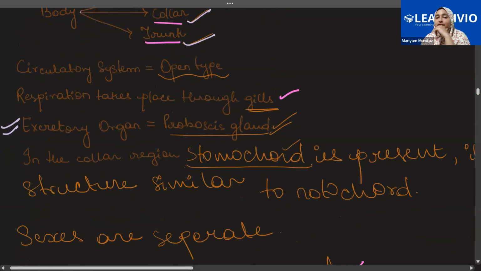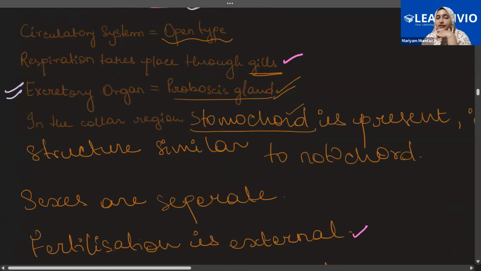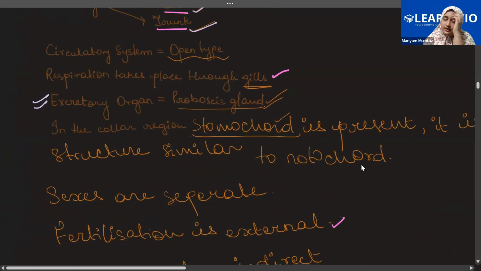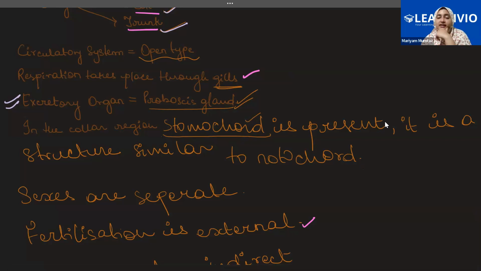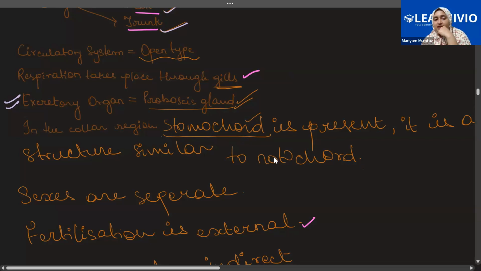Talking about the circulatory system, an open type of circulatory system is present, and respiration takes place with the help of gills. They have a very special excretory organ. This is asked many times in MCQs, even in NEET. The excretory organ is the proboscis gland.